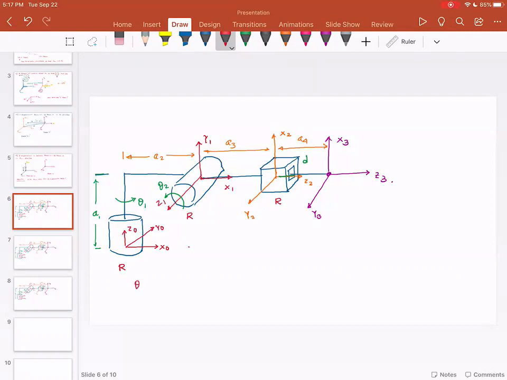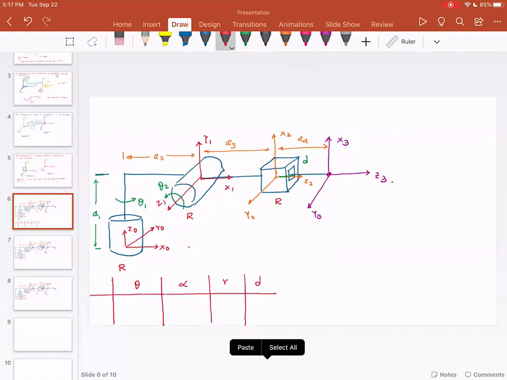So I will have theta, alpha, then R, and then D. And I'm at the first joint. So just for the sake of classification, I'm gonna redraw the coordinate systems. Right now our coordinate systems are 0th frame and first frame.